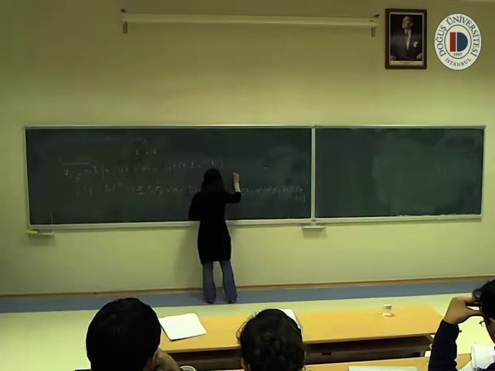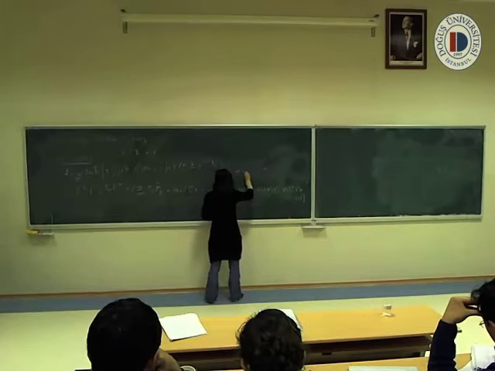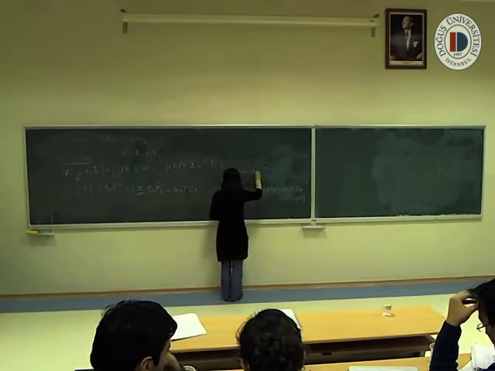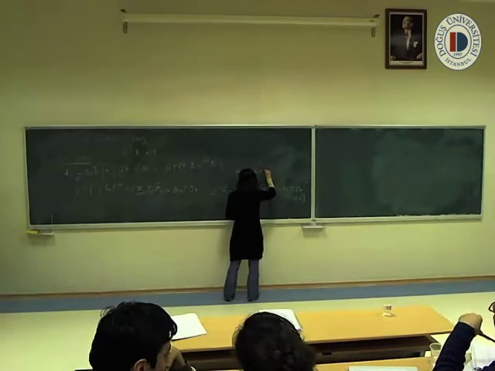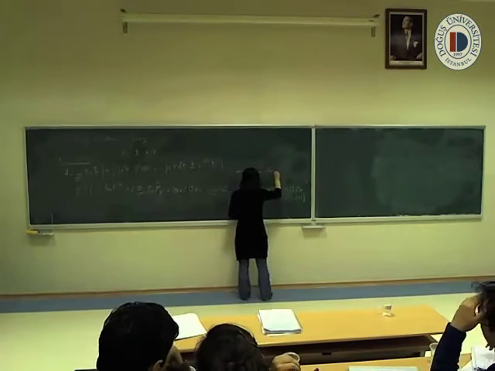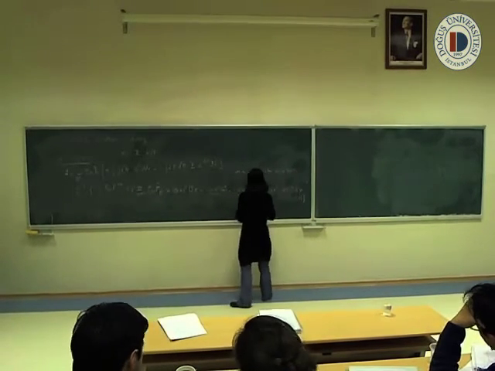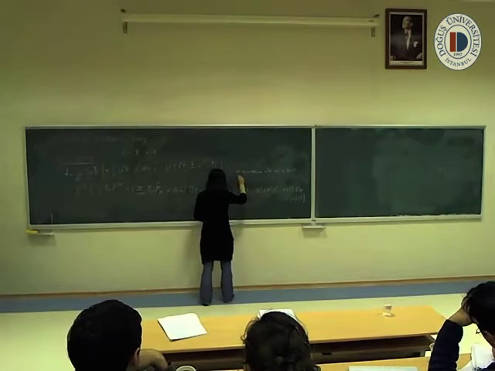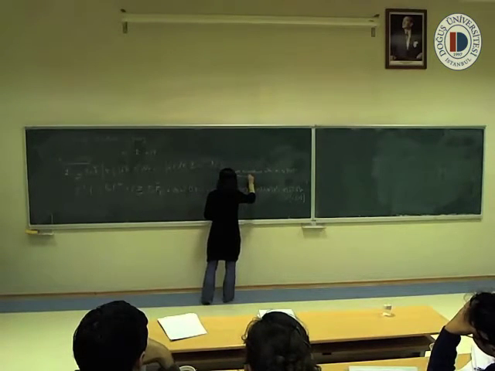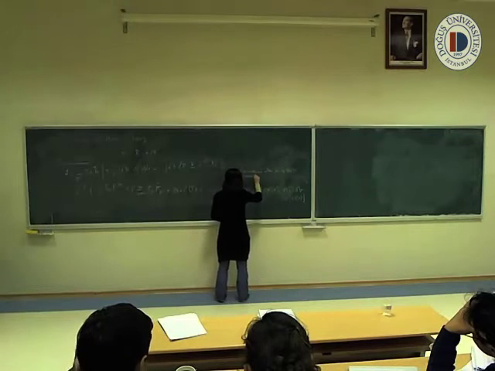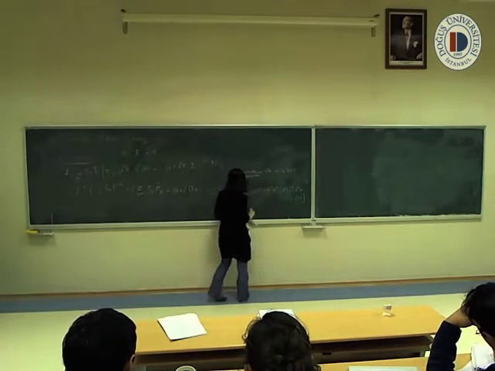So here, all the fields are in the adjoint of the gauge group. And we also didn't add a superpotential for the chiral fields.